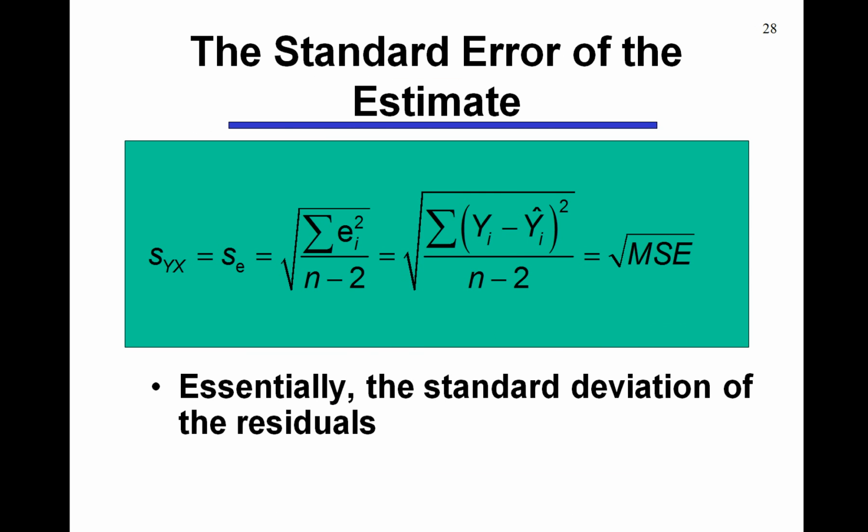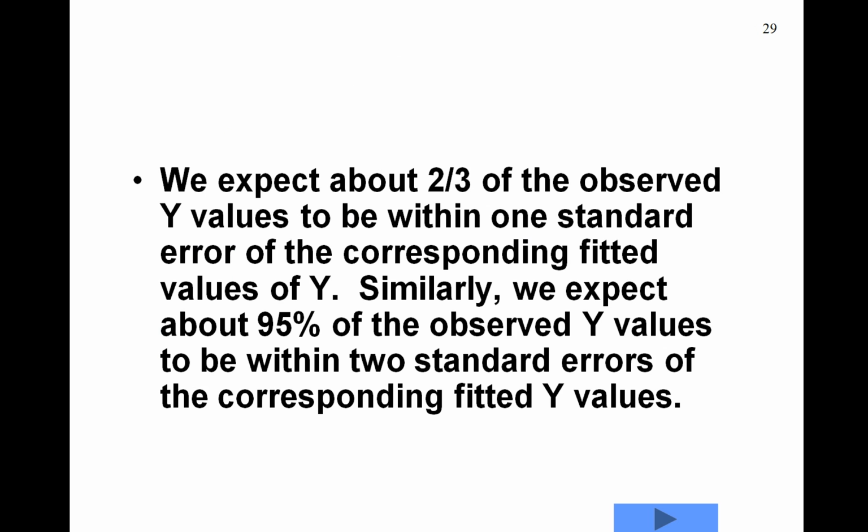One final thing that appears on our output is the standard error of the estimate. The standard error of the estimate is the square root of the mean squared error. I've already alluded to it in this presentation. It's essentially the standard deviation of the residuals and gives us a sense of the spread about our fitted regression line.